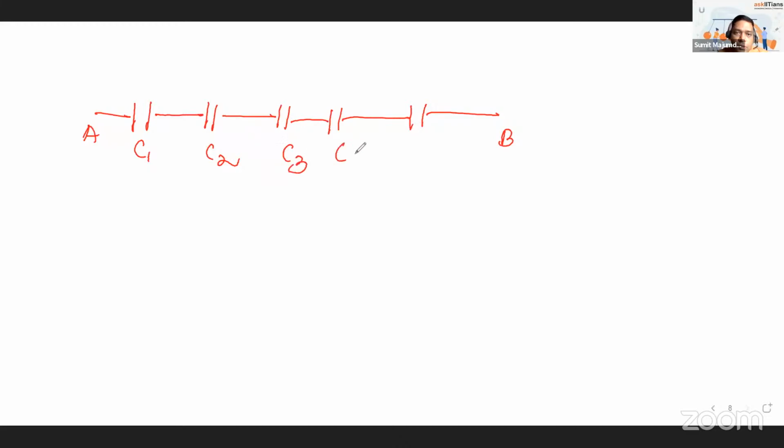Let's now figure out what is the net capacitance that we have. So as I said, this is C1, then we have C2, C3, then C4, and C5. This is point A, this is point B. So C1, C2, C3, C4, and C5.